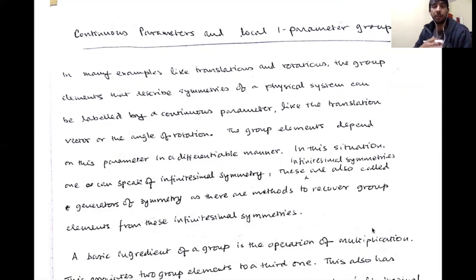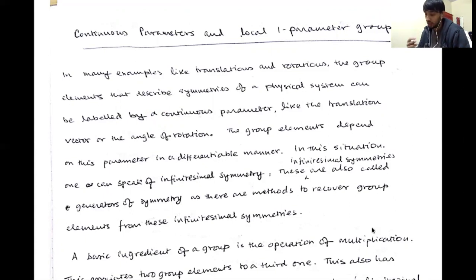It's a continuous thing like the translation vector or the angle of rotation, right? And these group elements depend on this particular parameter that I called A here, in a sort of differentiable manner.